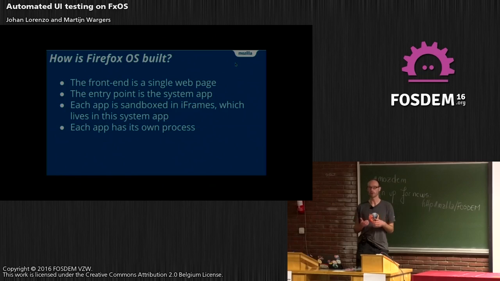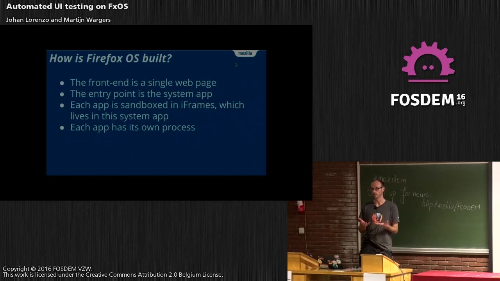We can use Web IDE because Firefox OS is built off a whole bunch of web pages. We have the system app, which is an HTML page. Under the system app, we have a whole bunch of other apps, like the home screen, which is an HTML5 app, and the contacts app, for example, or the browser app.